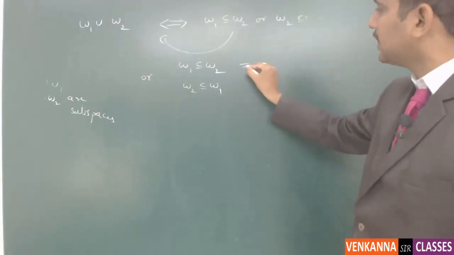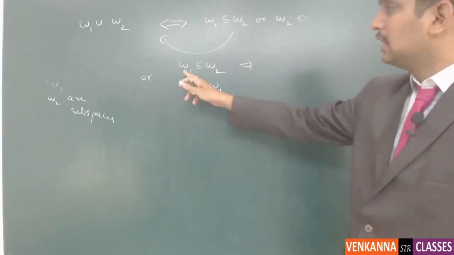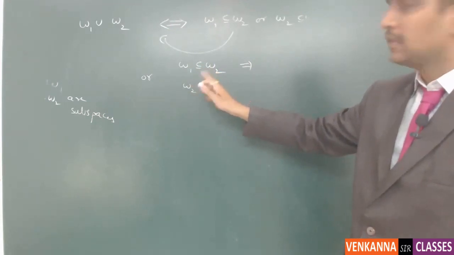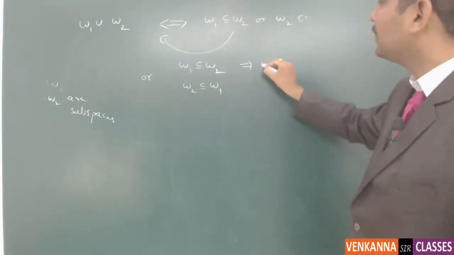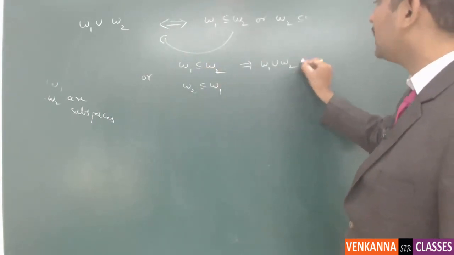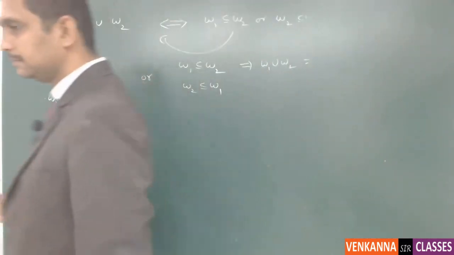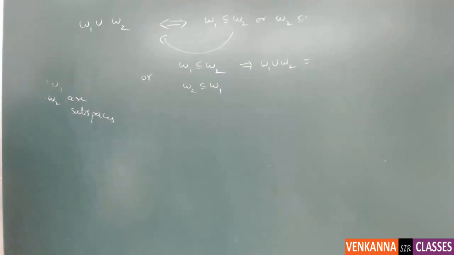So if you take the first case, W1 is a subset of W2, meaning this is the smaller one contained in W2. So if you calculate the union, what will be the result? Can you say? If I say that A is a subset of B, what will be A union B? Are you getting the idea? Let us have a small example.